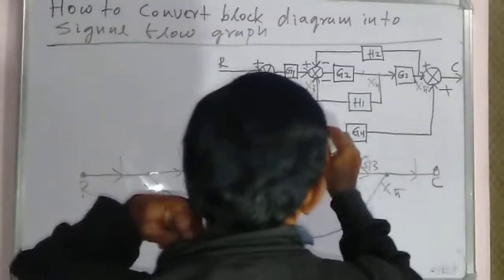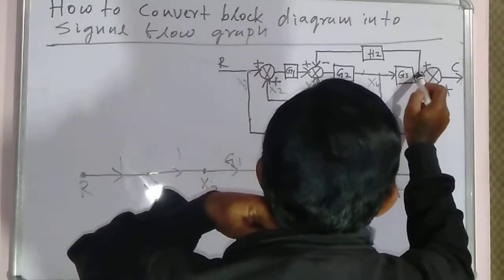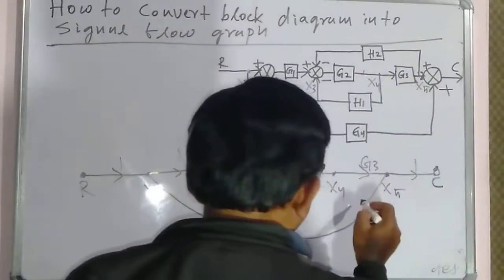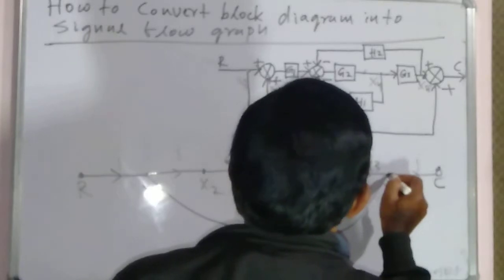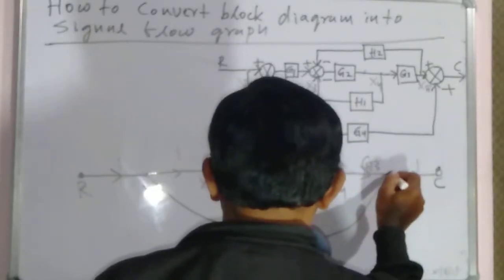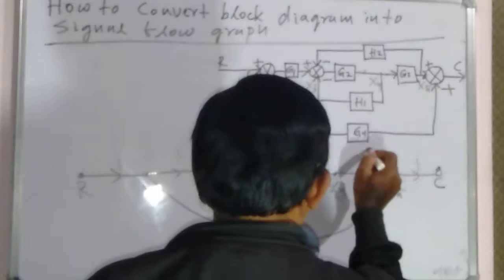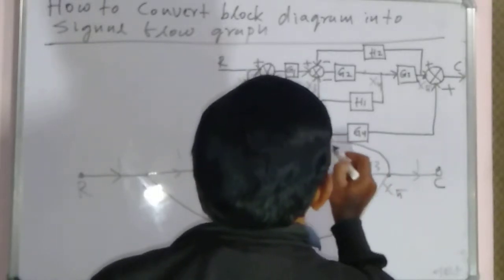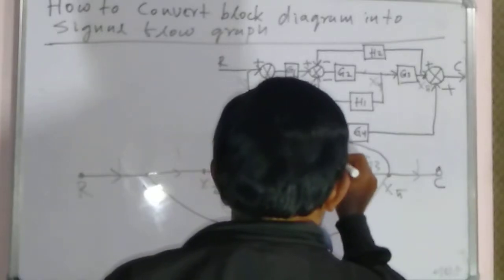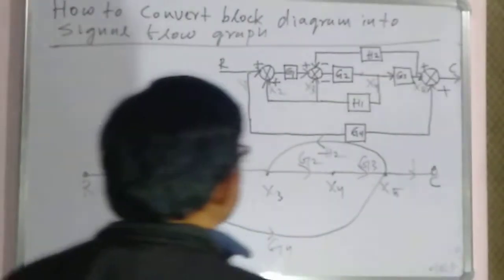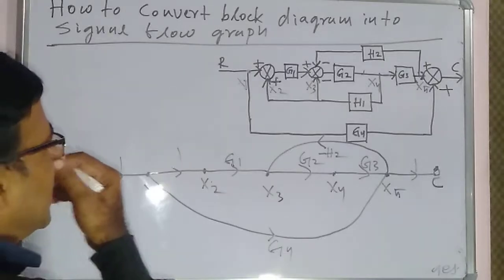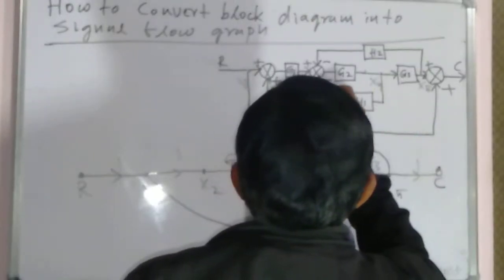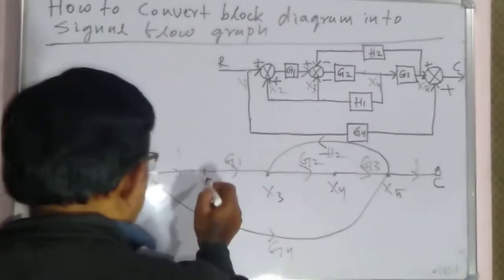And now this is connected to x5 and x3, and this is minus h2. Then this is connected to x3 and x2.